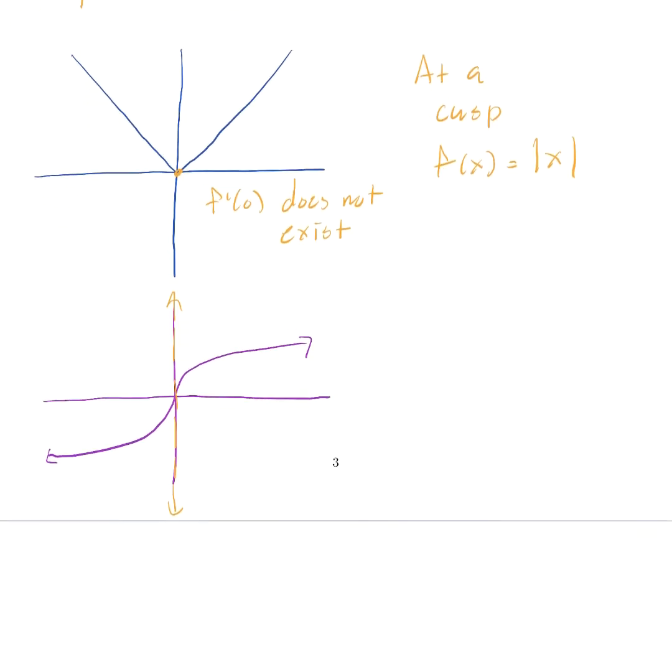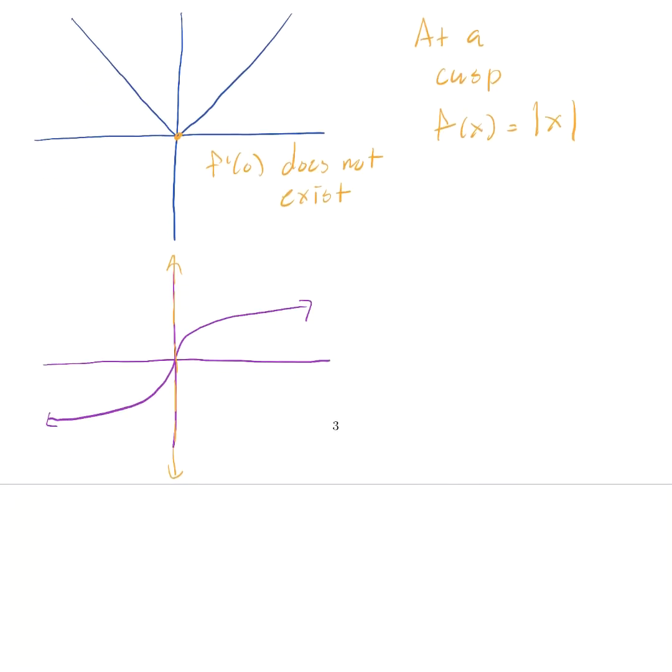And the last place where a derivative might not exist would be if a function has a vertical tangent line. Vertical lines have undefined slope, and so a vertical tangent line cannot have a derivative. Here's an example, and this example would be something like the function f of x equals x to the 1/3.